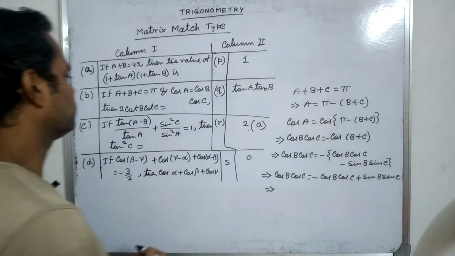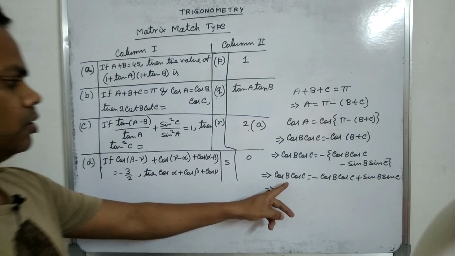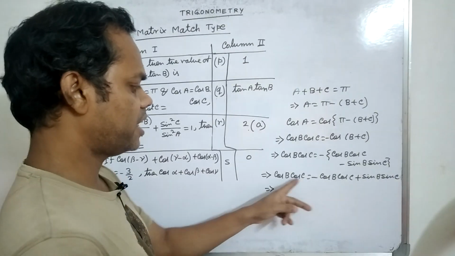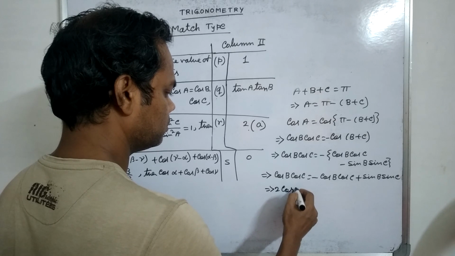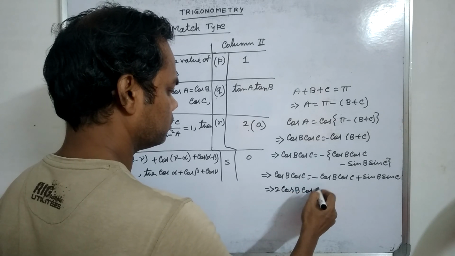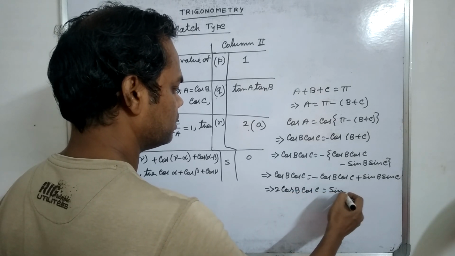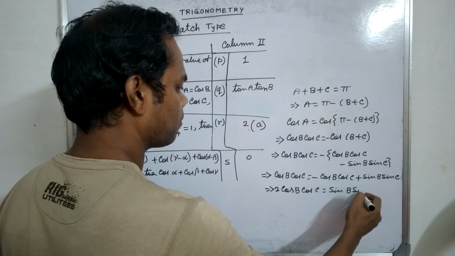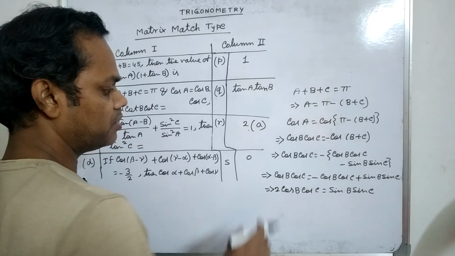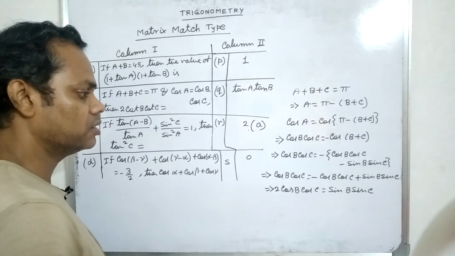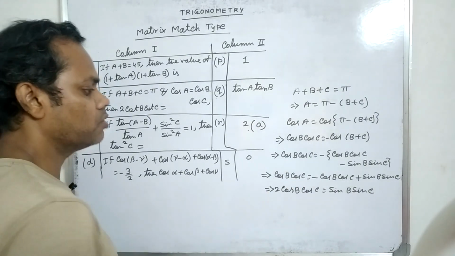So cos b cos c added to this one becomes 2 cos b cos c equals sin b sin c. The minus cos b cos c on the left hand side also becomes plus cos b cos c, so the sum of these two is 2 cos b cos c.